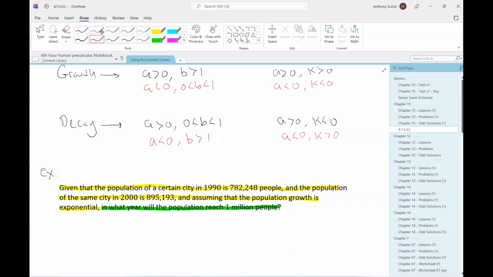Now, if I look at this initially, it's like, okay, I need to write some exponential function, and I'm given points that look like this, right?